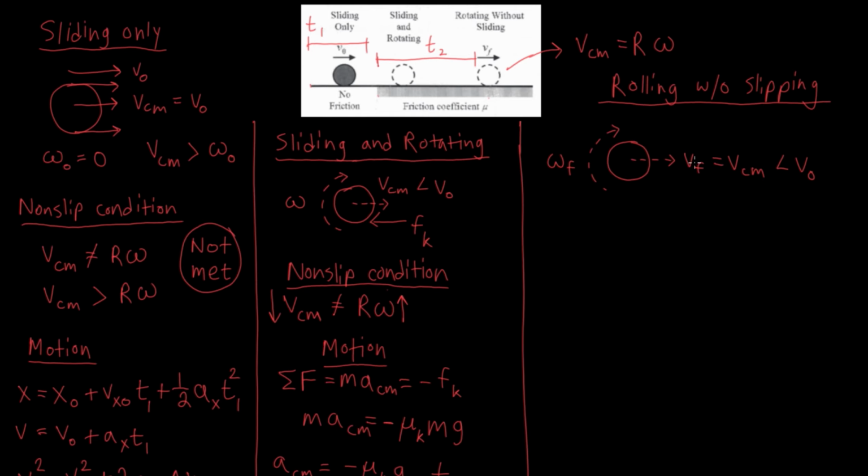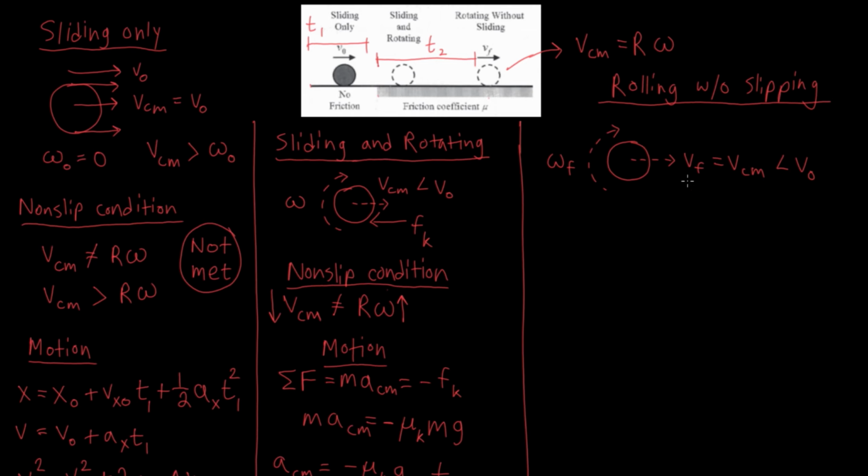This final angular speed was reached because of the force of kinetic friction, which generated a torque, which in return increased the angular velocity. So that's how the final angular speed is now omega subscript f.